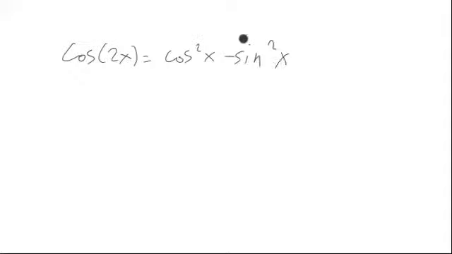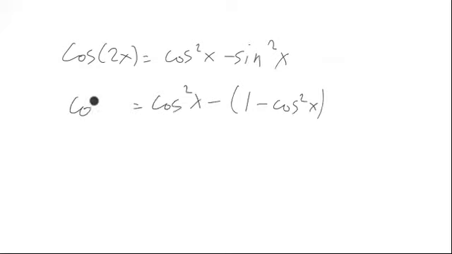Let's use a Pythagorean identity on this: because cosine squared plus sine squared is equal to 1, if we say 1 minus cosine squared, you're going to get sine squared. So cosine 2x equals cosine squared x minus, and then you get minus minus as an addition when you distribute that minus a 1. So we get 2 cosine squared x minus 1 is equal to cosine 2x.